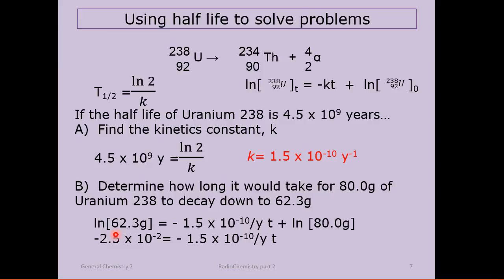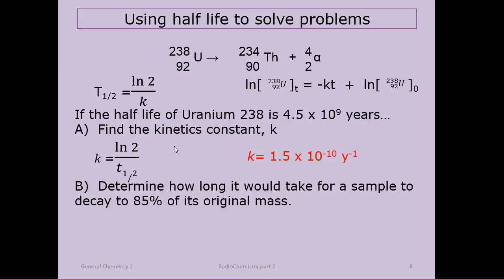Sometimes it's helpful to think about how logs work: the log of 62.3 minus the log of 80 grams would actually be the log of 62.3 divided by 80 grams, and that would show you how your grams literally cancel out. That's very helpful if you're trying to track your units. So at this point I would have a number with no units left. This results in a time of 1.7 times 10 to the 8 years.